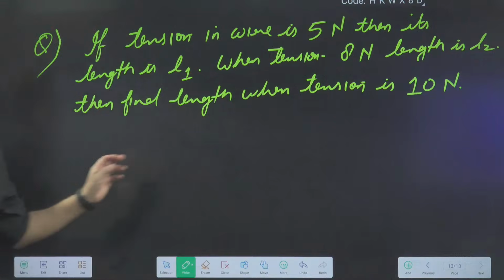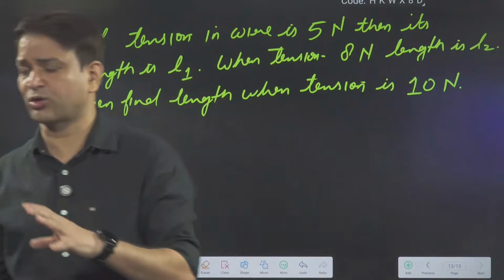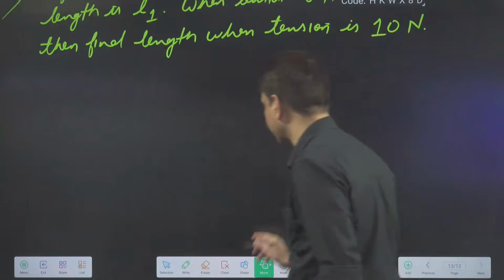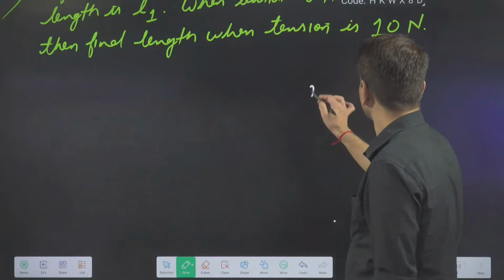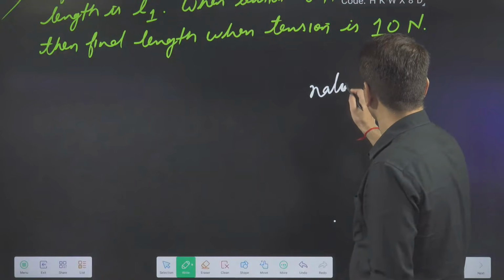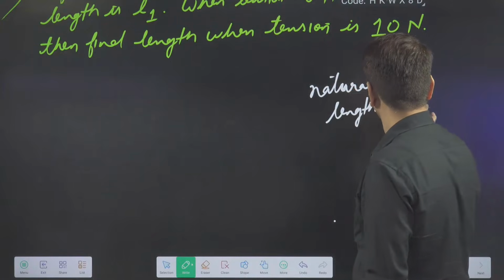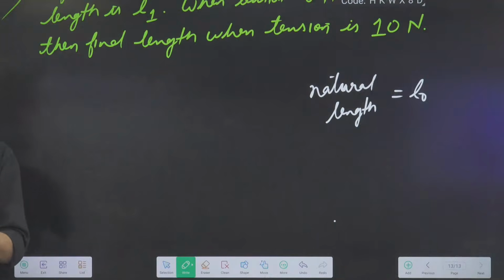Now what we can do here: I have not given the natural length. So suppose I take the natural length of the wire as L0.